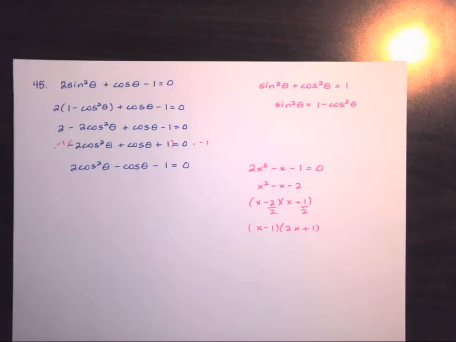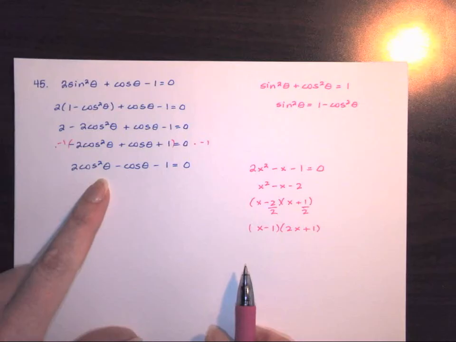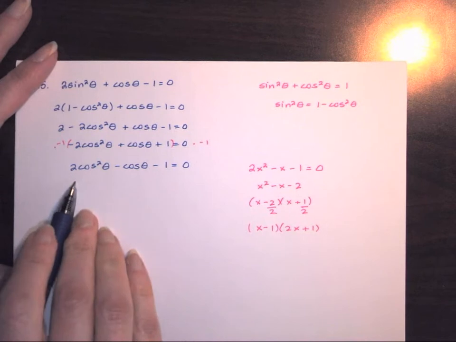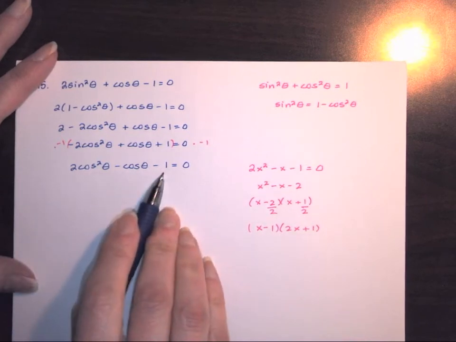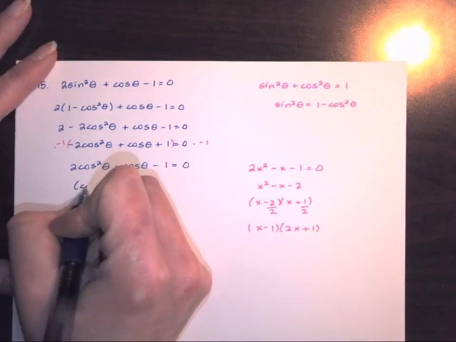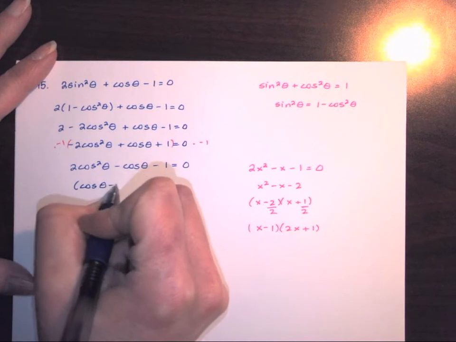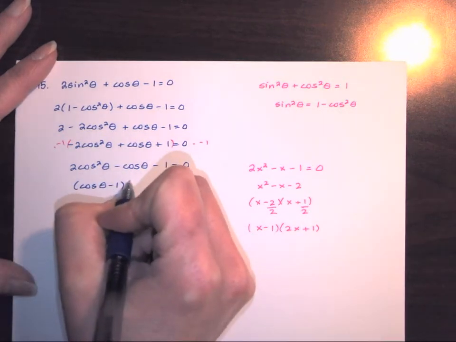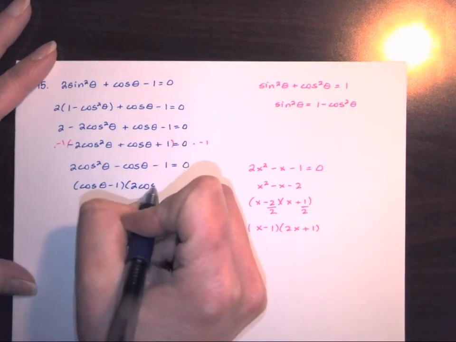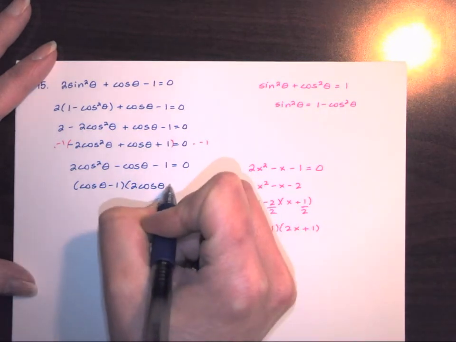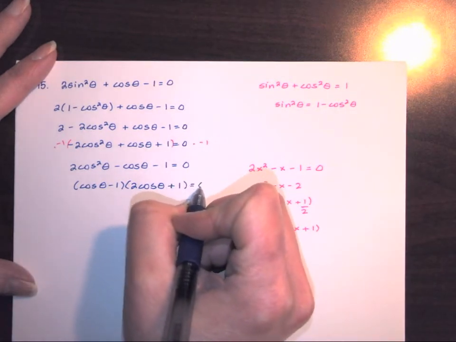Fair enough? So let's slide and divide. You know that. We can do the same thing here. So what we have after we slide and divide this is cosine theta minus 1 and 2 cosine theta plus 1 equals 0.